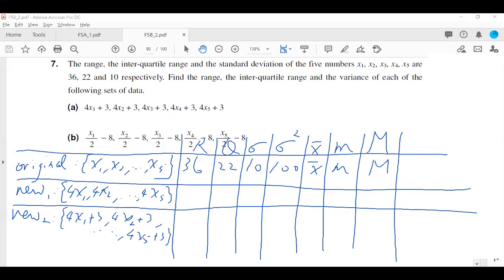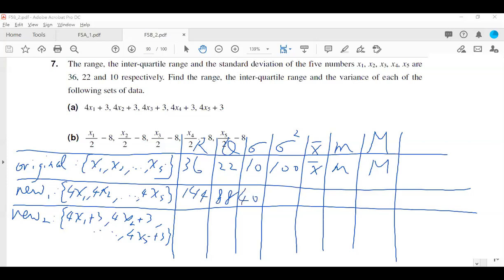And then for the first step, if we need to multiply a 4 to each of the datum, then the range, interquartile range, and sigma, and the x bar, small m, and capital M are all multiplied by the same 4. Okay, so that should be 144, 88, 40.